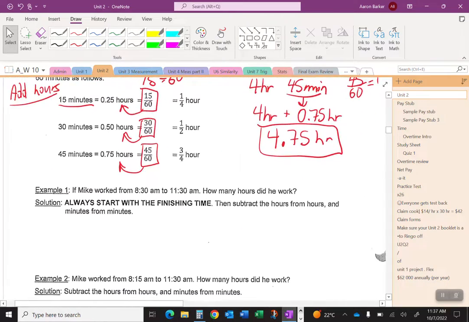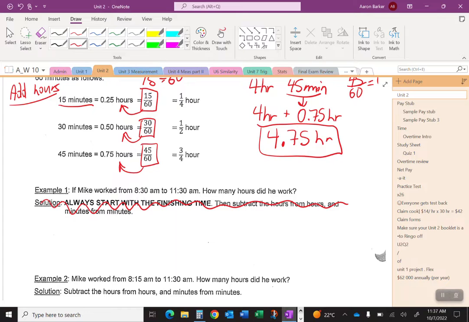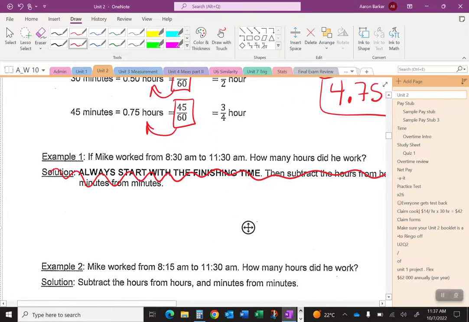Okay, so let's practice it a little bit. So this person here worked from 8:30 to 11:30, and you're going to actually write down stuff and use your fingers to help you track the hours. For example, Mike started at 8:30, so you write that down.